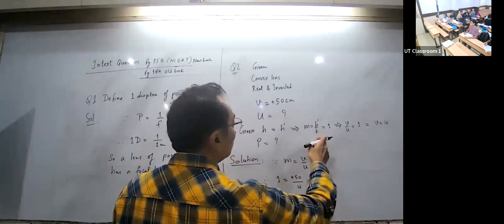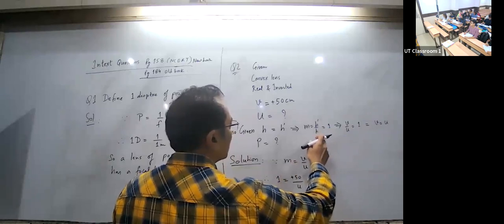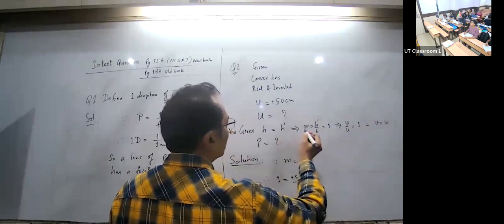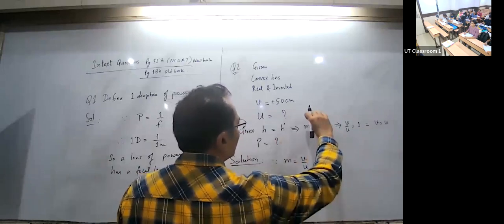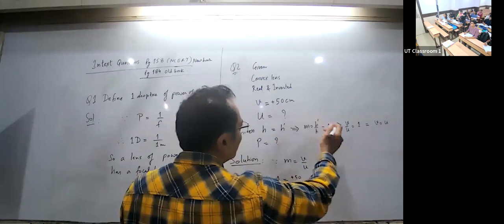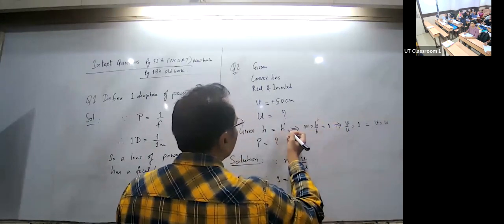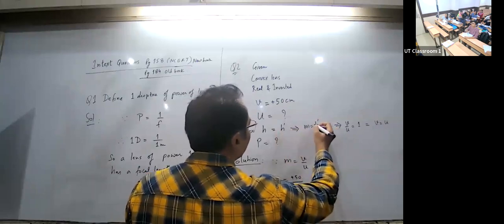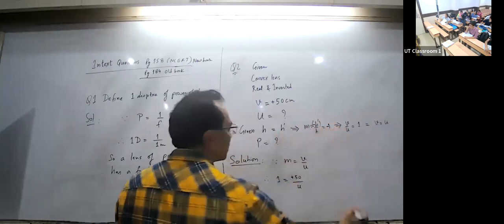And m should be, what is the sign for a real image? See, it should be minus 1, right? Because the image is inverted, so h dash must be negative. So h is equal to h dash, but h dash has to be negative. So this will be minus 1.